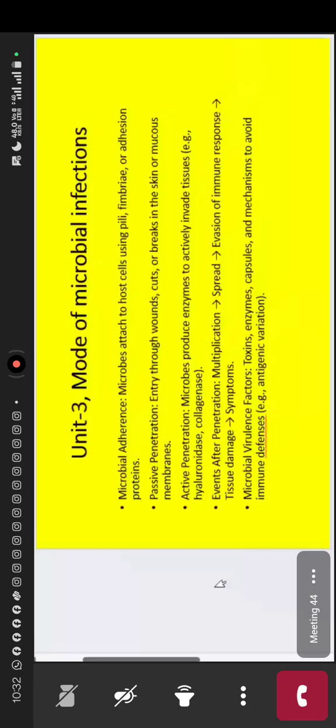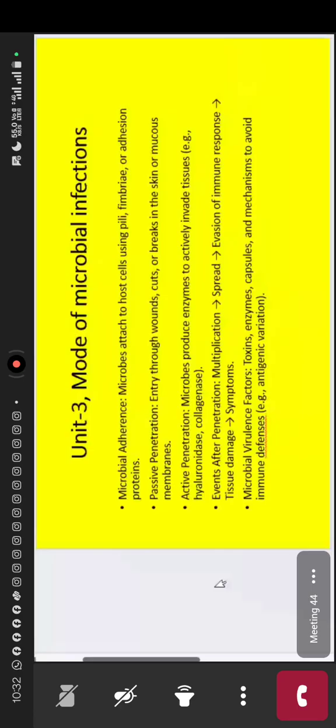Next is active penetration. In active penetration, after entering the human body, the microbe starts to produce enzymes, and the enzymes are responsible for infecting the tissues. These are enzymes like hyaluronidase and collagenase.